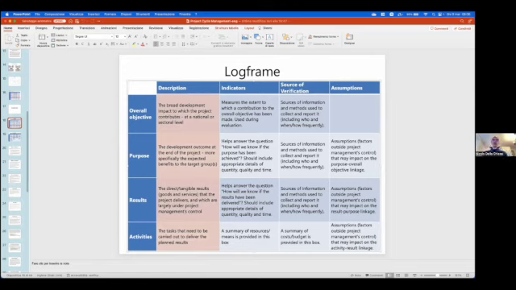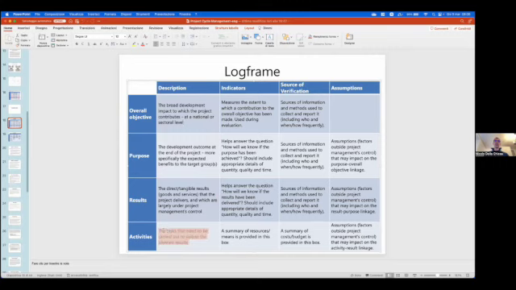So how the project is logically structured, and how the different components of the project are logically connected with one another.